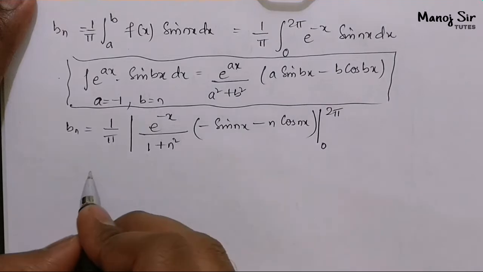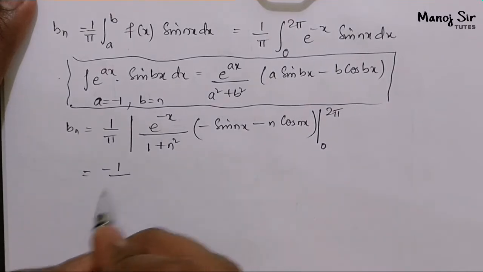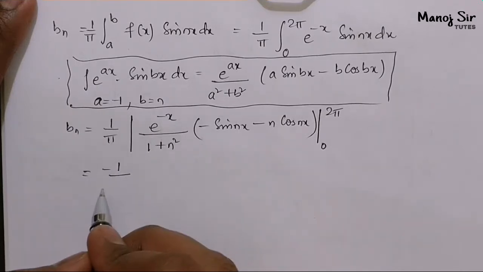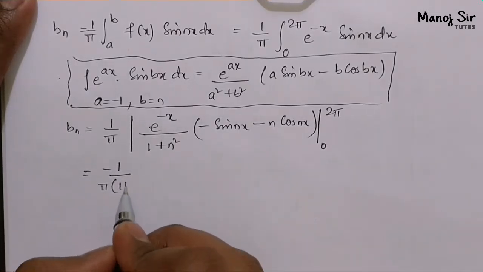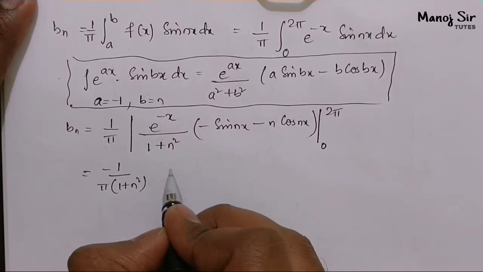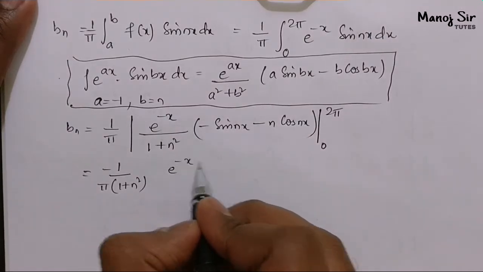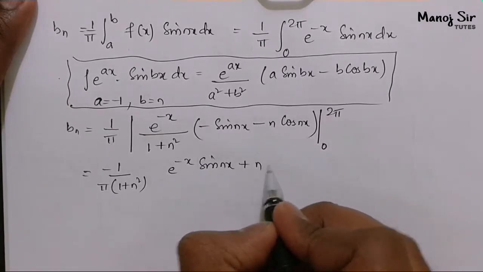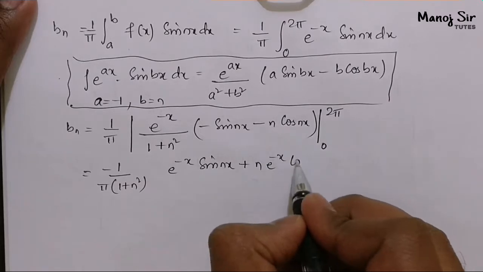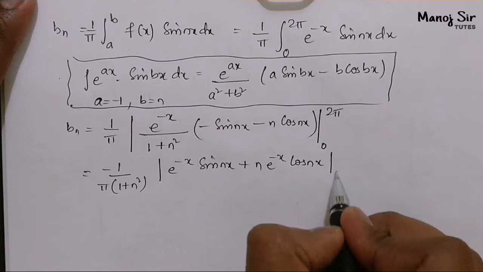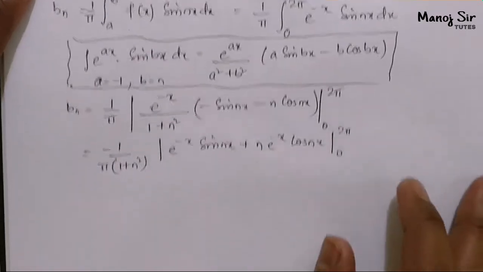Now taking negative common, minus 1 upon pi times 1 plus n square, we are left with e to the power minus x sin nx plus n times e to the power minus x cos nx, limit goes from 0 to 2 pi.